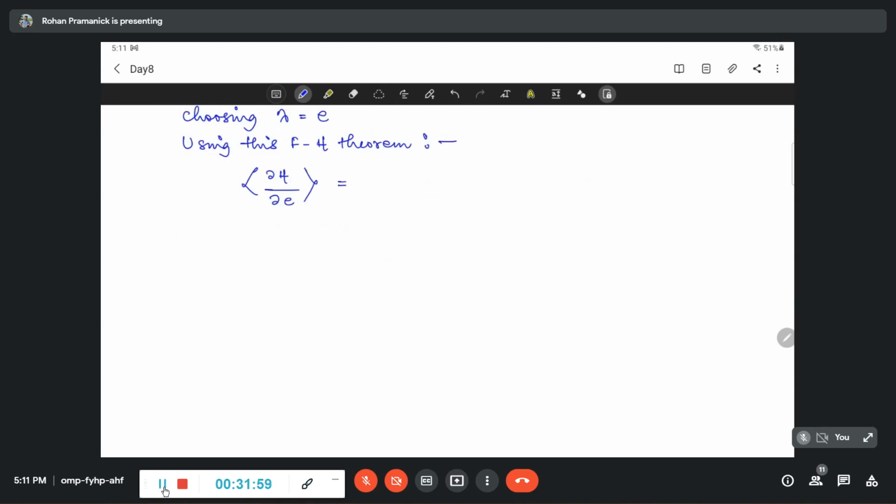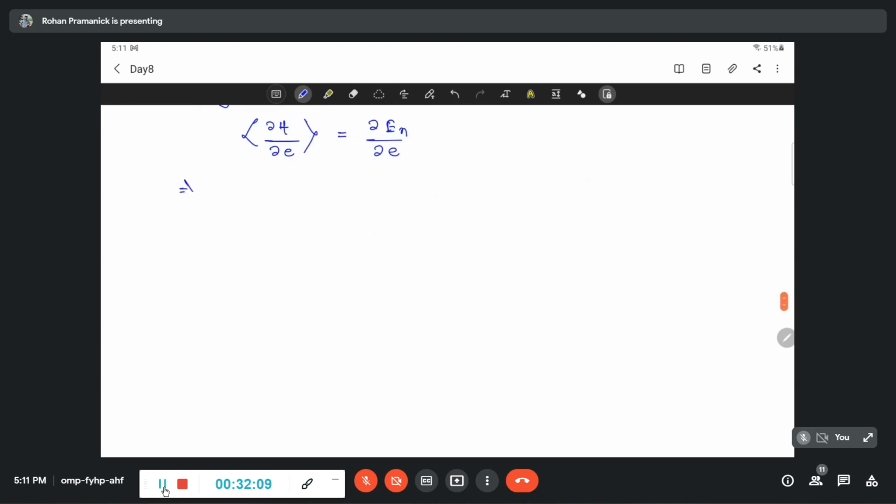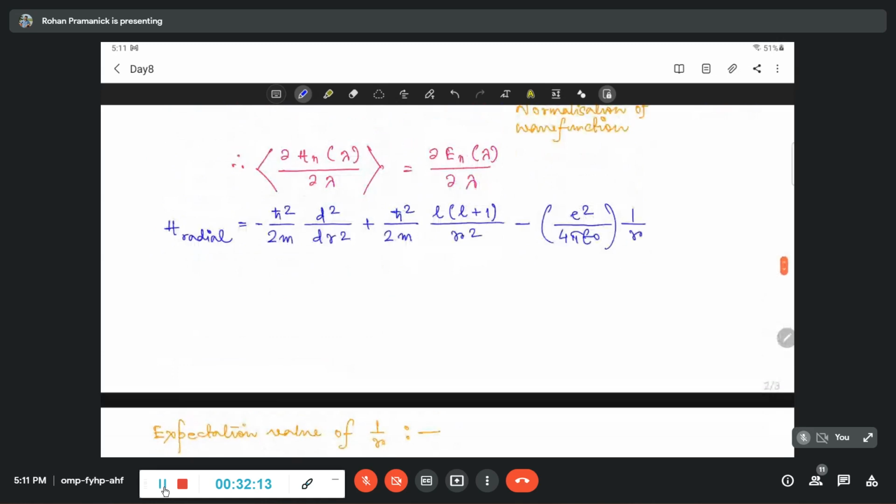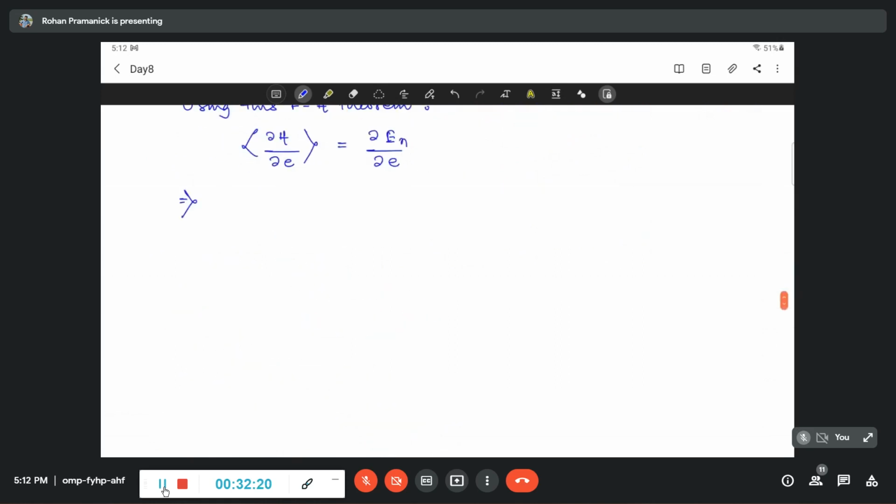And it says that del E n, del E, is nothing but this. So let's calculate the left hand side. What happens to del H del E? The first term derivative with E gives you 0, the second term derivative with E gives you 0, and the third term gives you something, and that's something we want. So this is minus 1 by epsilon 0, the e squared derivative gives you 2E, and there is 1 by r.